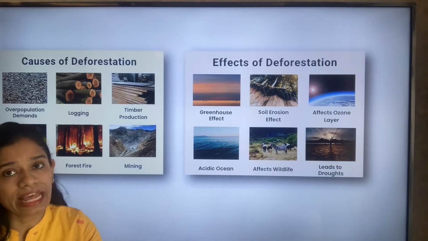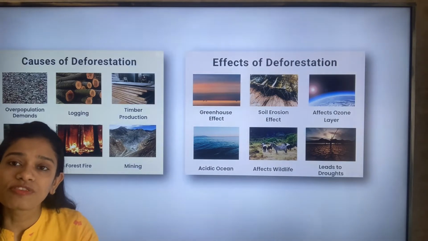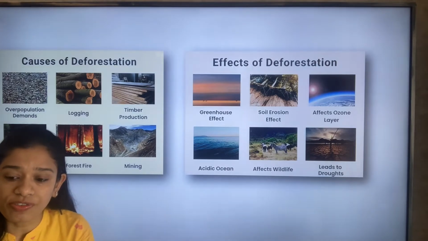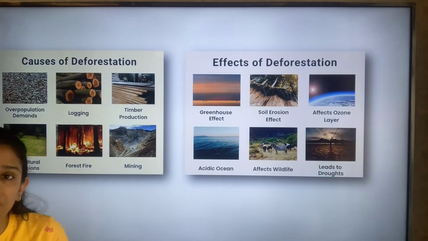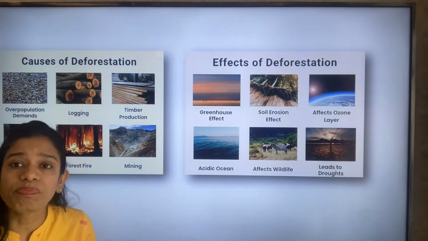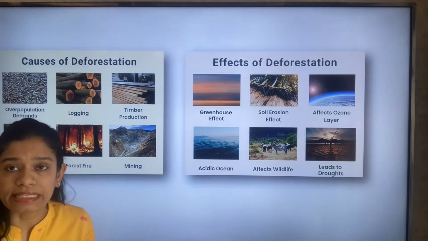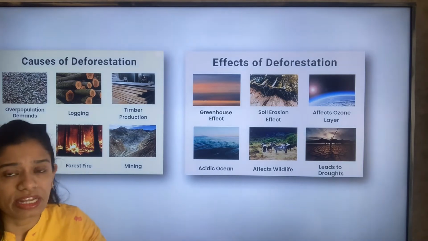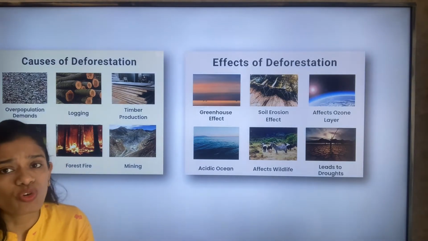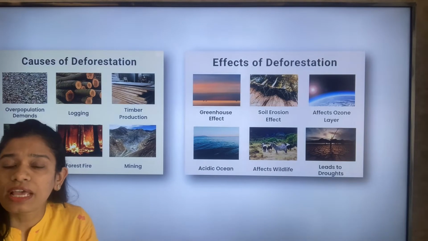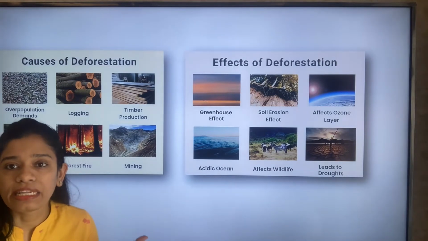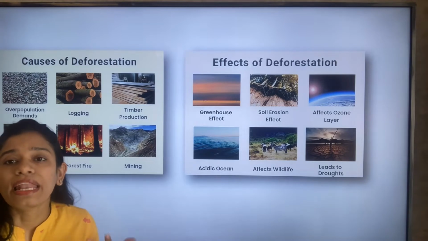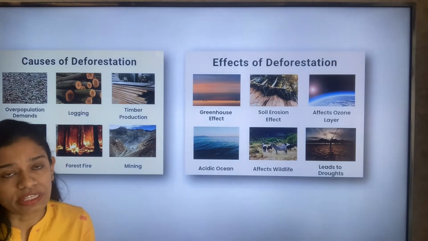Now what has led to the process of urbanization or cutting of trees? The causes of deforestation can be overpopulation demands, that is the demands of the people in the cities, their homes, industry, irrigation, roads, bridges, flyovers, etc. For everything, land is being used and cleared of trees.